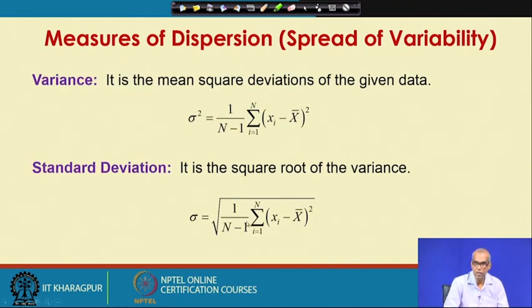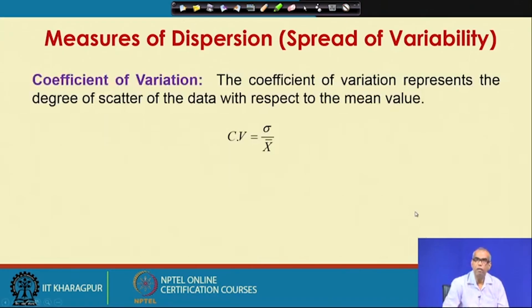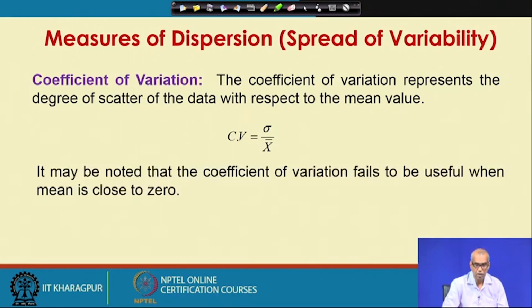Sigma, or standard deviation, is given by this. So, you divide sigma by the mean value of the data set, and you get the coefficient of variation. Please note that the coefficient of variation will not be useful when the mean is very close to 0.